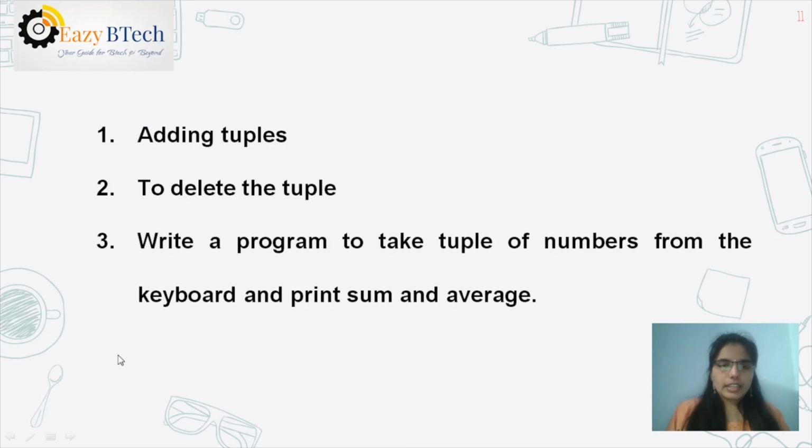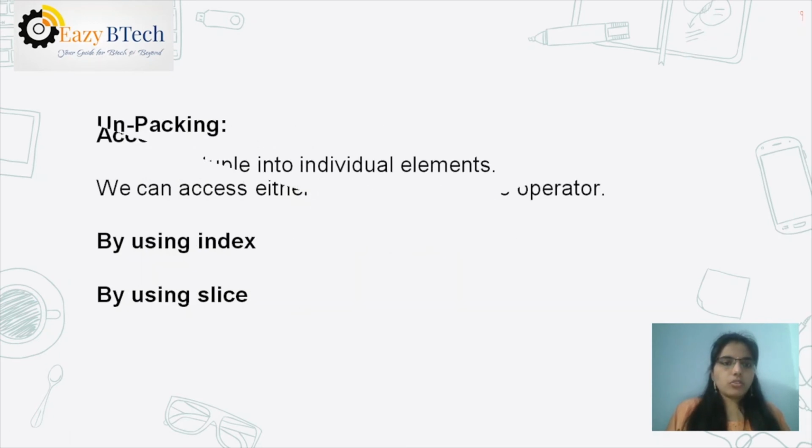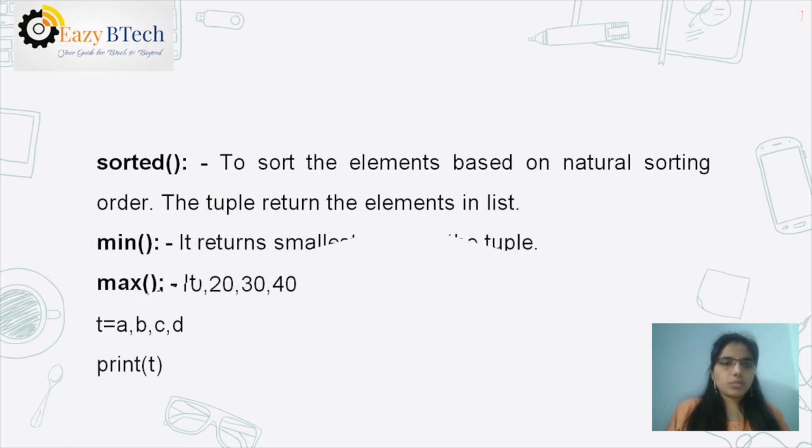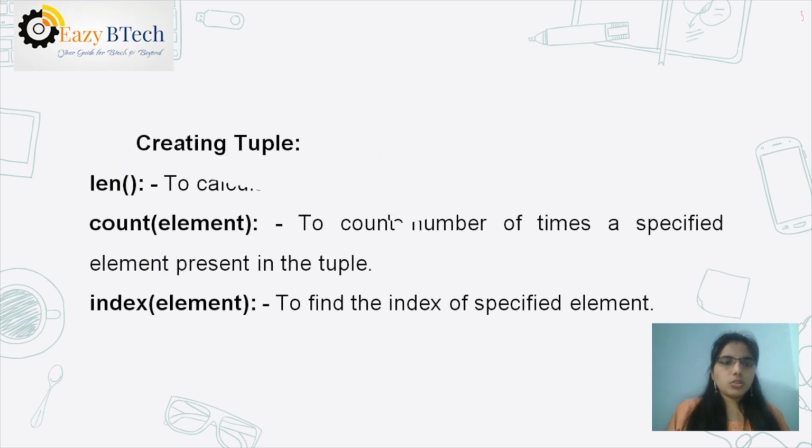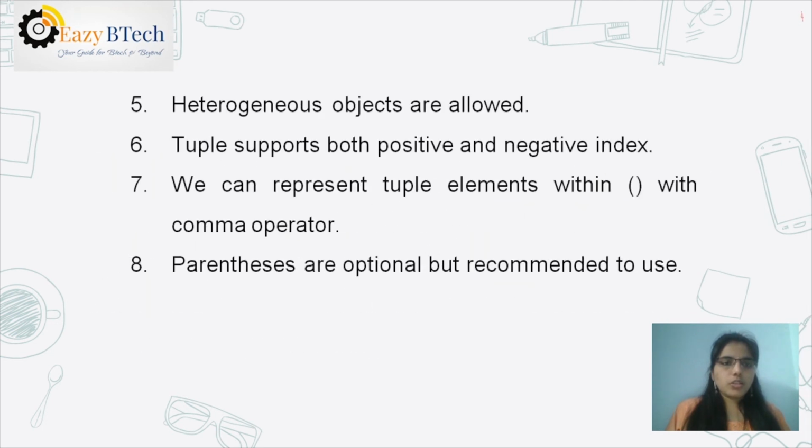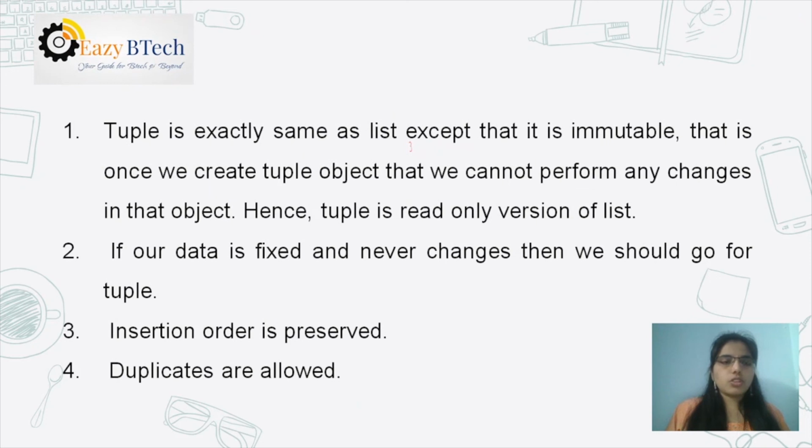In this session, I told about the tuple concept. What is a tuple? What is the difference between tuple and list? Tuple is exactly the same as list, except it is immutable. List is mutable. Insertion order is preserved in tuple and list also.